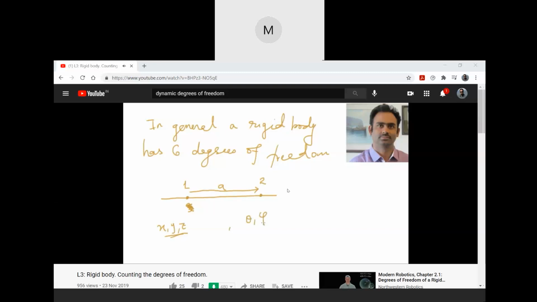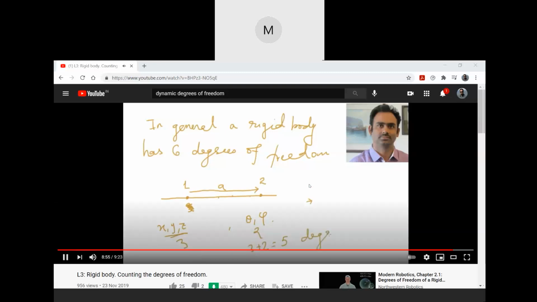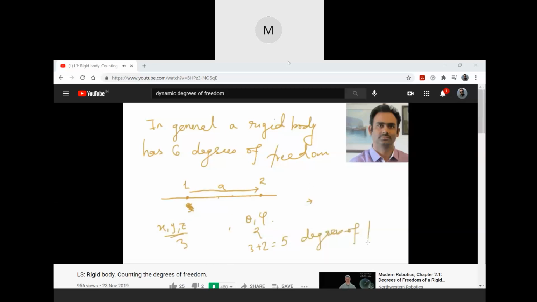Once you have specified point number 2 using theta and phi, there is nothing else to be specified, because all the other points get fixed in space. So this special case has 3 from here, 2 from here, so 3 plus 2 equals 5 degrees of freedom.